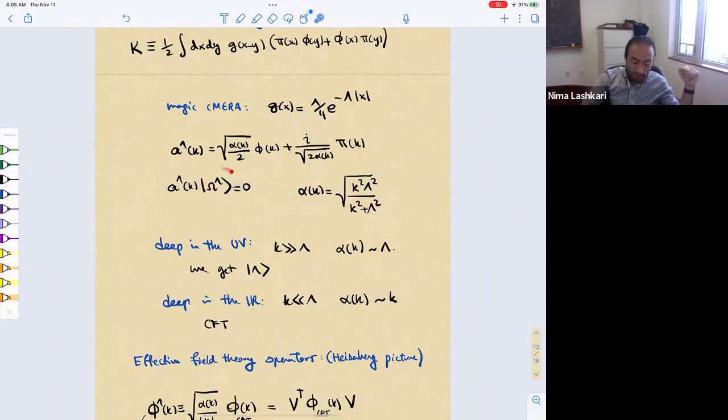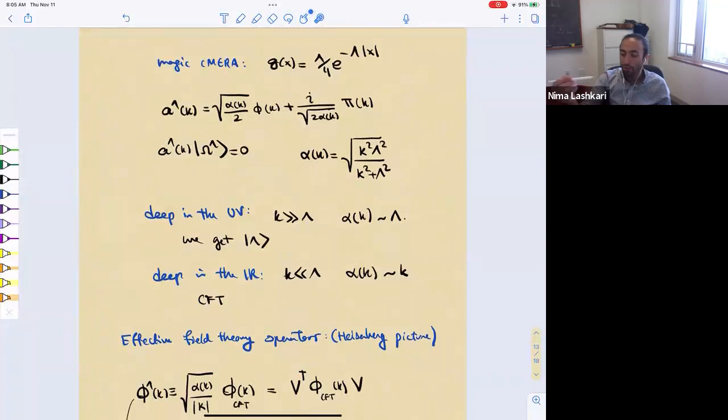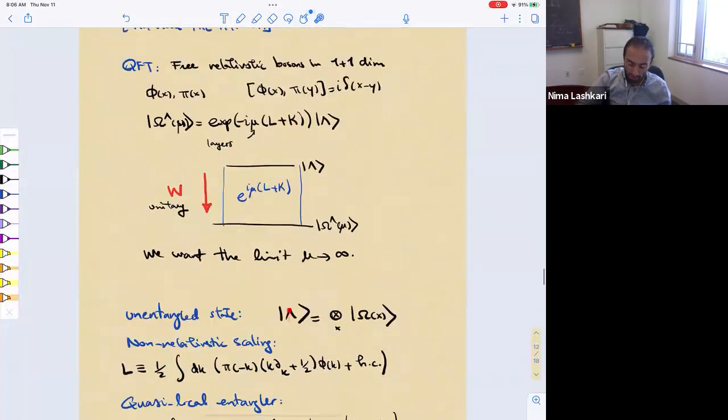Now this vacuum state is annihilated by a bunch of annihilation operators, which relate these relations with the field and the conjugate momentum. So what you obtain is that after you solve it for your cMERA, deep in the UV, your system looks like a gapped system, as was suggested by this. It looks like a gapped system.